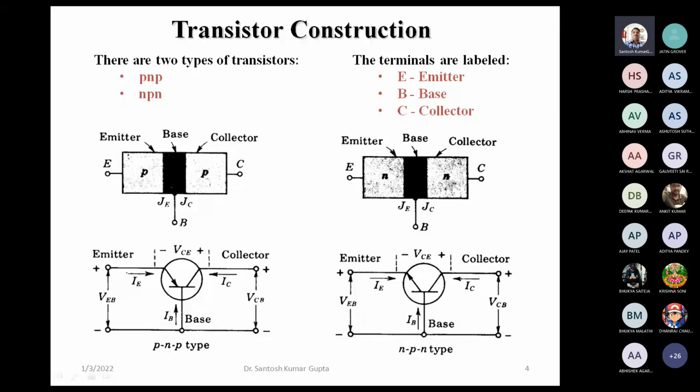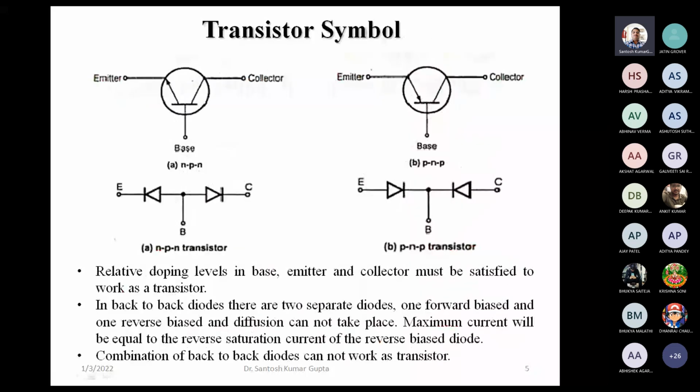The collector has the biggest size, the emitter has a smaller size than the collector, and the base has the smallest size. In terms of doping, it is not clear why we take such asymmetric doping, but the emitter is heavily doped, the collector is moderately doped, and the base is lightly doped. So these are the things for the transistor.